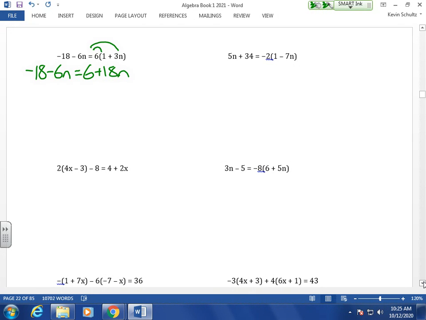Which side of the equation has more n's? Which side has more? Thomas? The right? 18 is more than negative 6. How many more does the right side have? How much greater is 18 than negative 6?